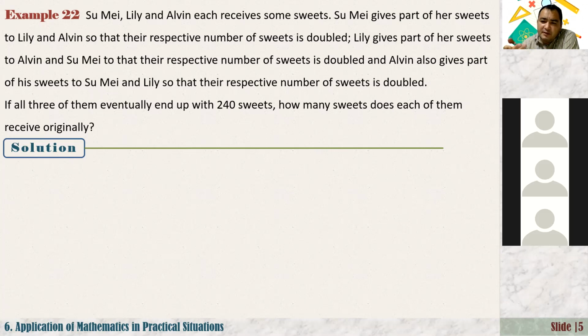Because now if I give you some, I have fewer candies now, right? I mean, the one which Sume gave part of her sweets, then Lily gave. Are they continuing or is each of them separate?